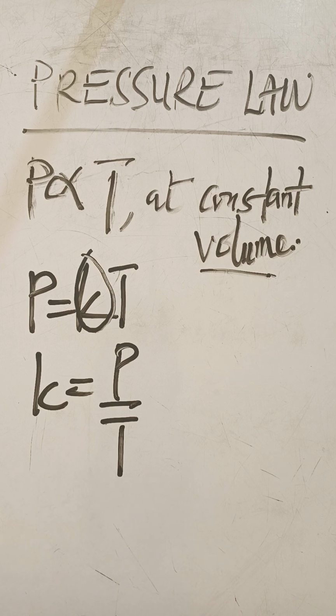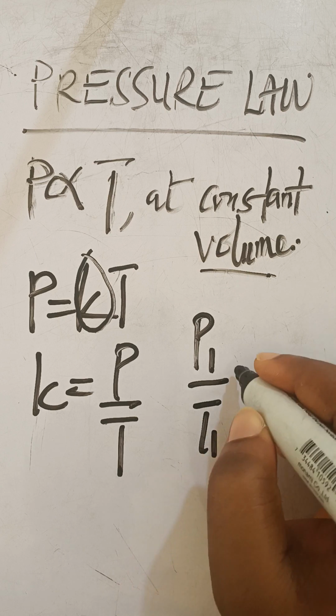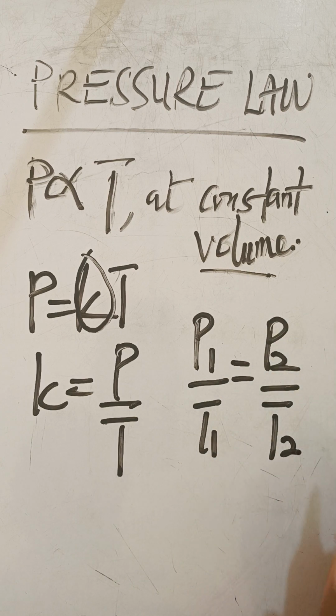According to the pressure law, for instance, we could say that P1 over T1 is equal to P2 over T2. Note that the T's are all temperatures, but absolute temperatures. It's very necessary that you know what absolute temperatures are: those temperatures measured in Kelvin.